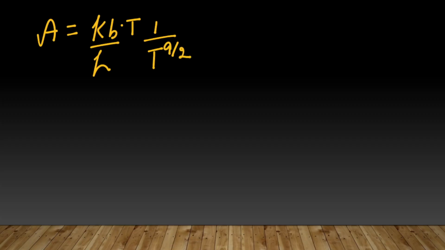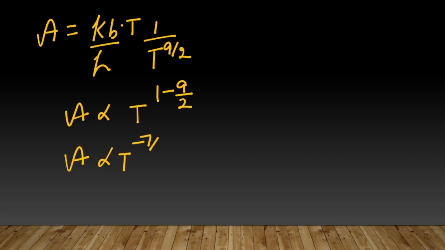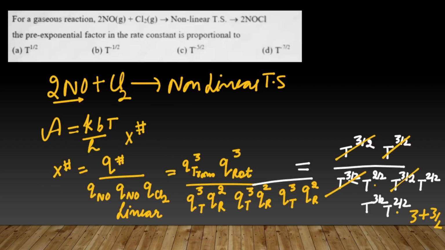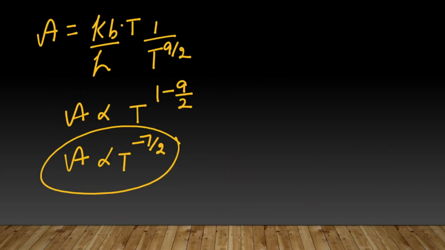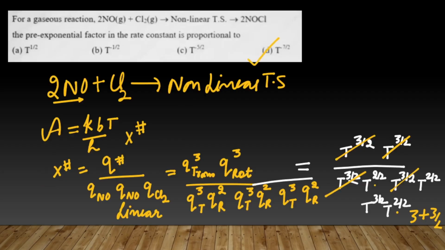So A is proportional to T raised to the power of 1 minus 9 by 2, which means A is proportional to T raised to the power of minus 7 by 2. So the pre-exponential factor is proportional to T raised to the power of minus 7 by 2, which is given to us in option D. Right? So this is the answer.